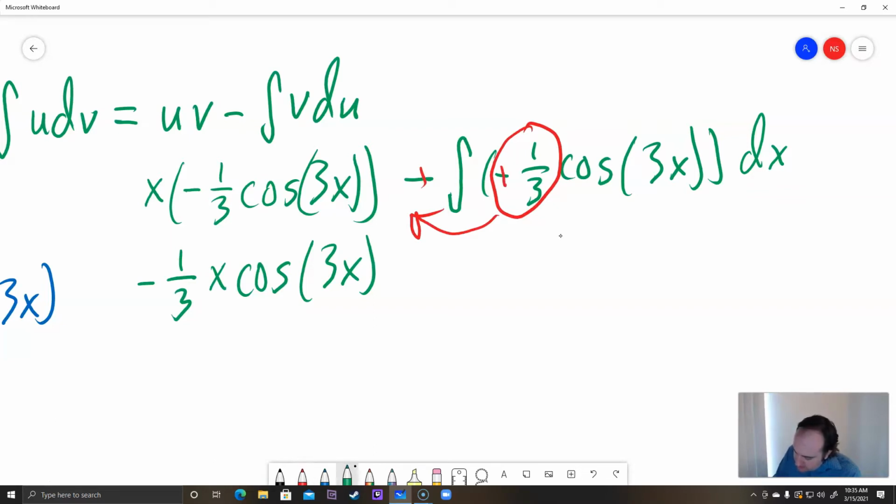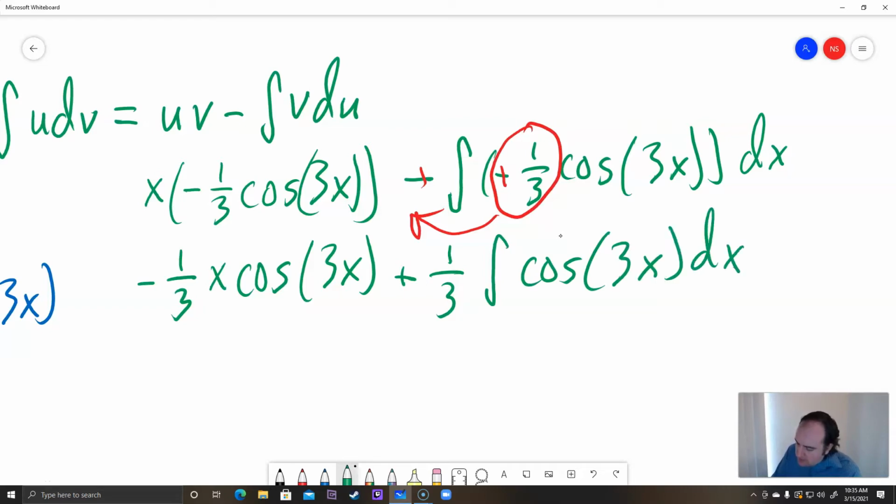And so we're going to have a plus 1/3 times the integral of cosine of 3x dx. Now, I know that the derivative of sine is positive cosine, so I know the antiderivative of positive cosine has to be positive sine. Okay, so this integral here, the antiderivative, is going to be sine of 3x.